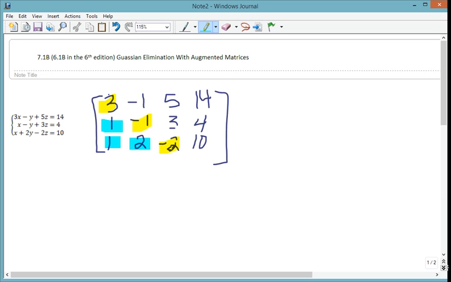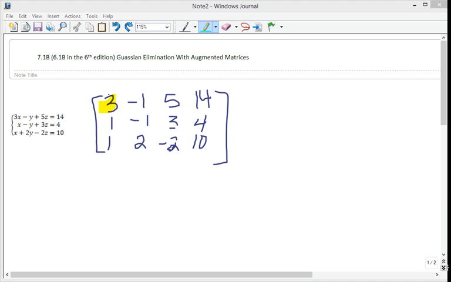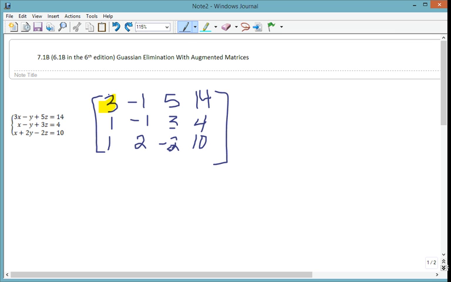Then we'll be able to solve this whole equation. So first of all, we want to get a 1 in that spot. The very first thing we do is we always try to get this spot taken care of, and we get a 1 here.